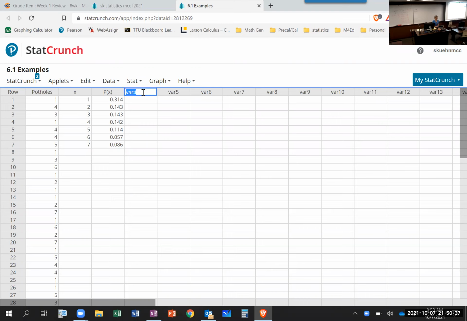That's right. Now, there is no fancy way to do this in StatCrunch. You'll just have to manually do it. I'm still in StatCrunch, so I'm just leaving it here, okay? So I want everybody to multiply the X column times the P of X column.